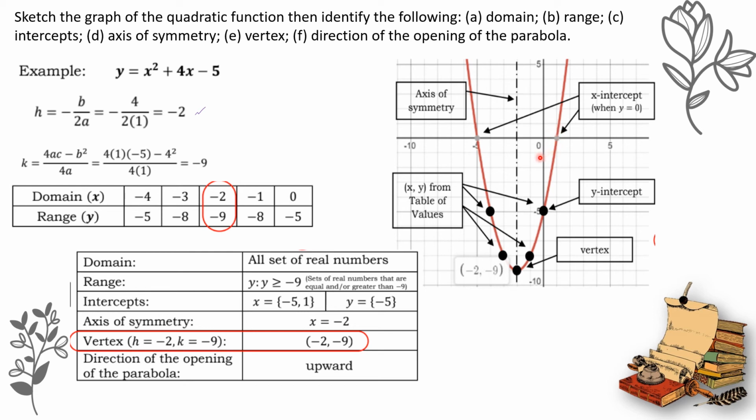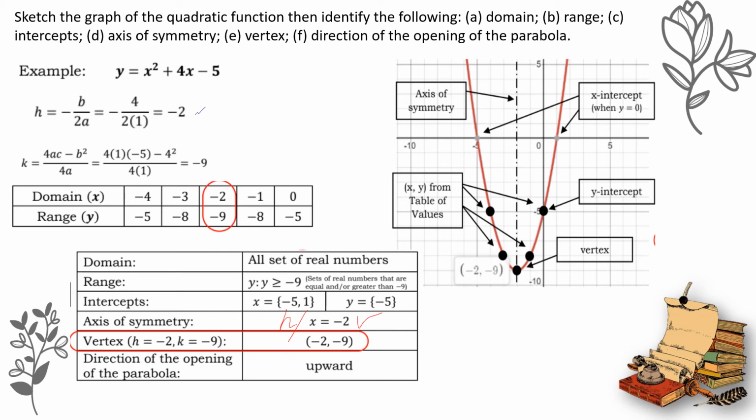Saan po nag-zero ang x natin? 0 ang x natin, negative 5 ang y natin, dun po ang y-intercept po natin. So, y is equal to negative 5, 0. Axis of symmetry, yun po yung h natin kanina. So, negative 2.